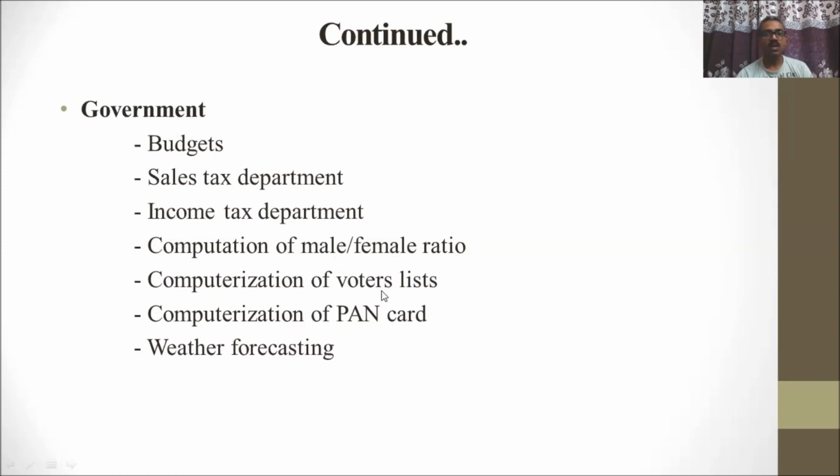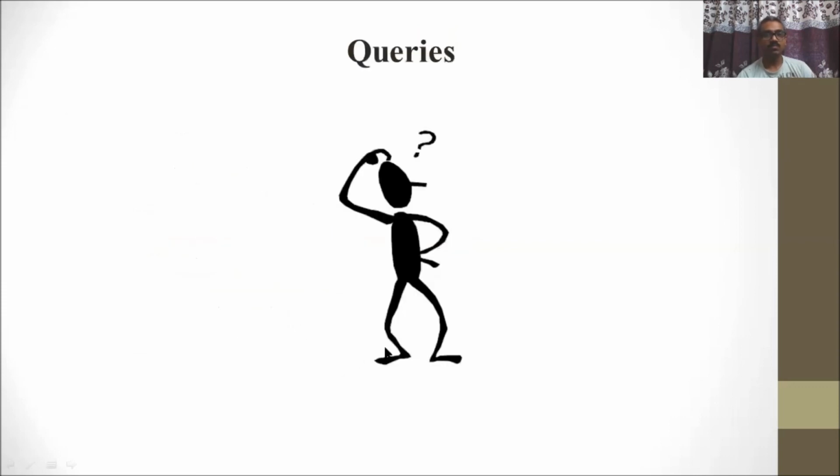So how many males and females are registered as voters, and how many voters are eligible to vote. So this data is maintained by the software. Computerization of PAN card. The PAN record is also handled by the software. Weather forecasting. Weather forecasting is also helped by the software.